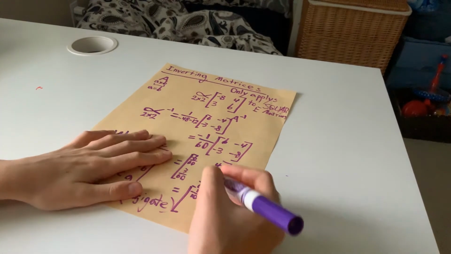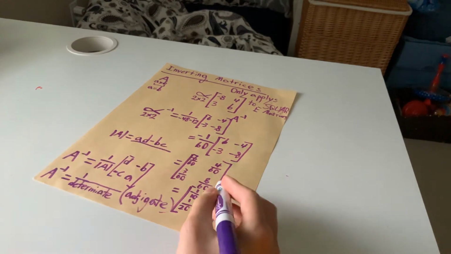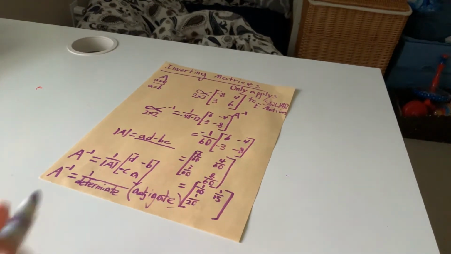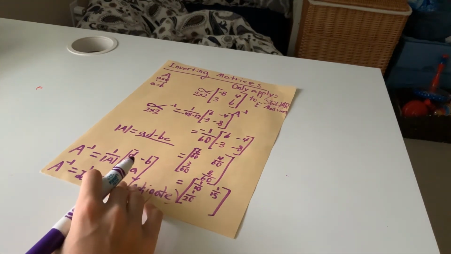And then 3 divided by 60 is 20, so that's just 1 over 20. Wow, got quite lucky with the numbers here. I didn't actually pick this up prior to this video, but I got quite lucky with simplifying.